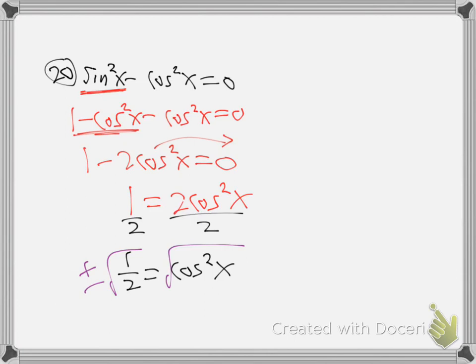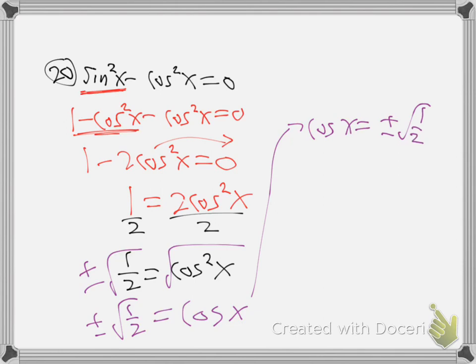Sorry, I know I'm flying at this point. Cosine is plus or minus the square root of a half. What do you have to do with that? That's the square root of 1 over the square root of 2. We can't have a root on the bottom. Multiply top and bottom by root 2. It's plus or minus root 2 over 2. Go to the unit circle. You'll find 4 answers.